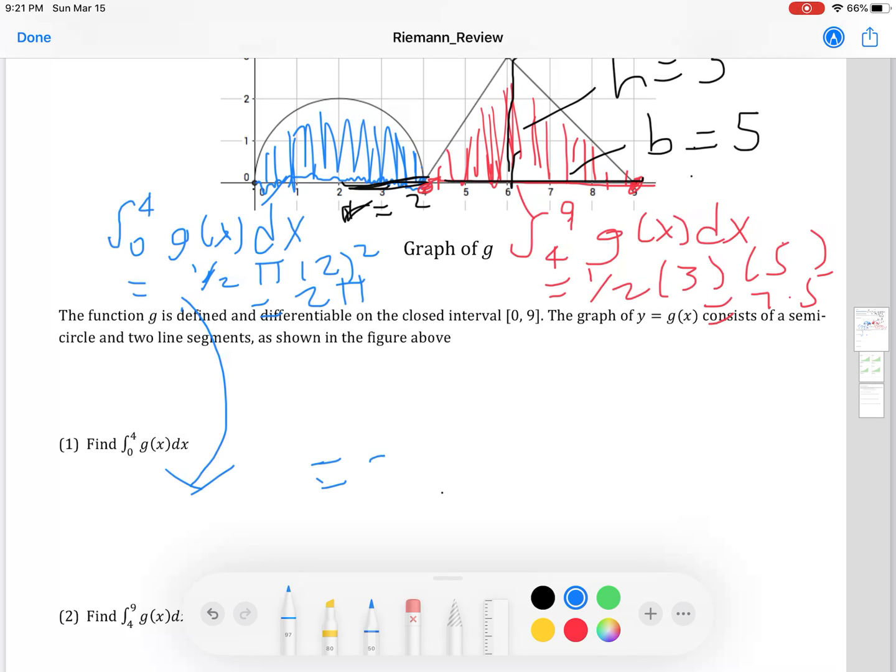So we got that the area was 2 pi. And guess what? We also got the integral from 4 to 9 of g of x. We took 3 for the height, 5 for the base, and multiplied by 1/2 to get 7.5.